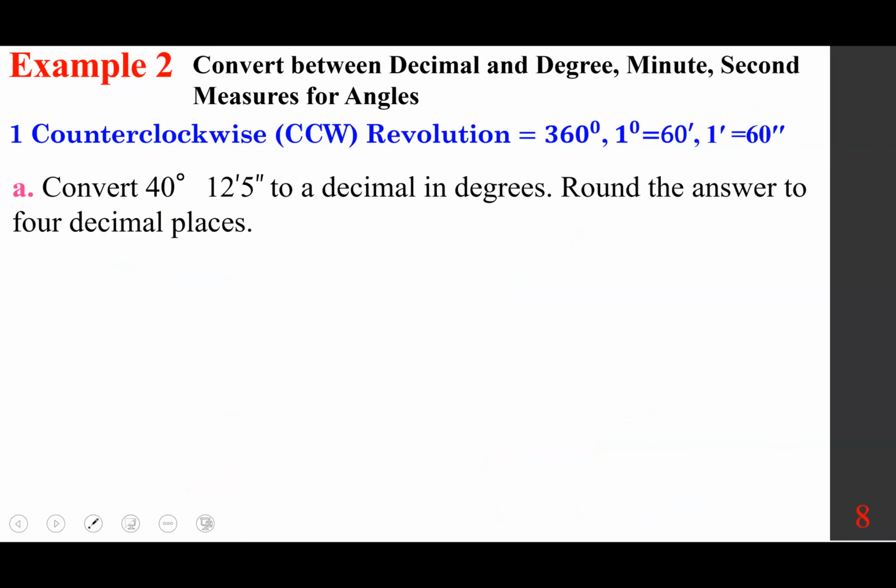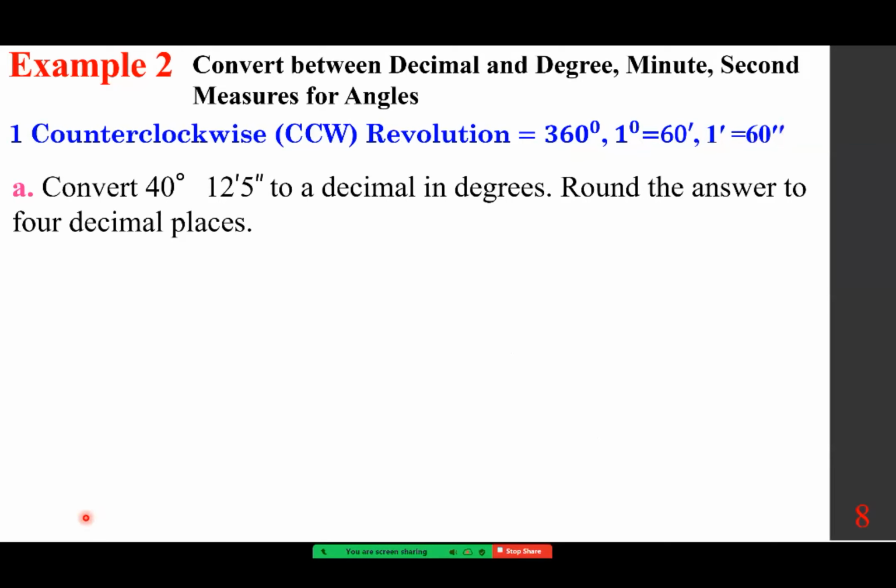Now we want to convert between decimal and degree, minute, second measures of angles. Counterclockwise, CCW, a complete revolution is 360 degrees. 1 degree is 60 minutes, with a prime here. 1 minute is 60 seconds, double prime.